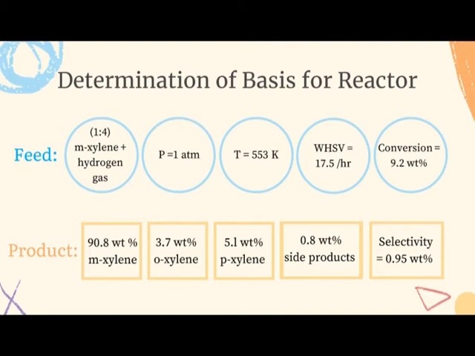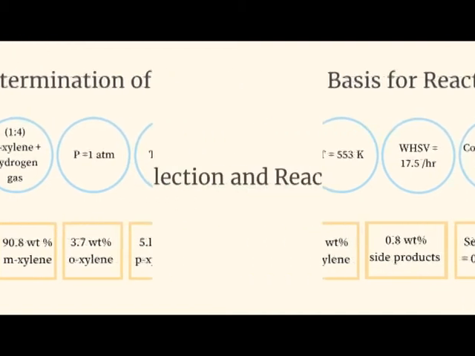After isomerization occurs, the composition of m-xylene drops to 90.8 weight%. The estimated products obtained from this reaction are 3.7 weight% of o-xylene and 5.1 weight% of p-xylene, with side products totaling 0.8 weight%. The selectivity of this reaction is assumed to be 0.95 weight%.